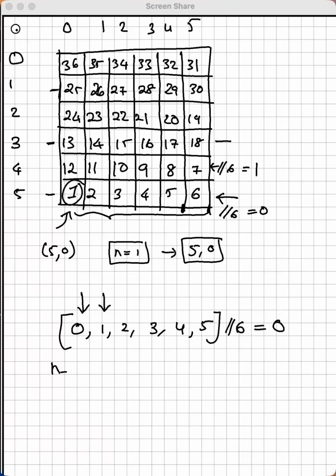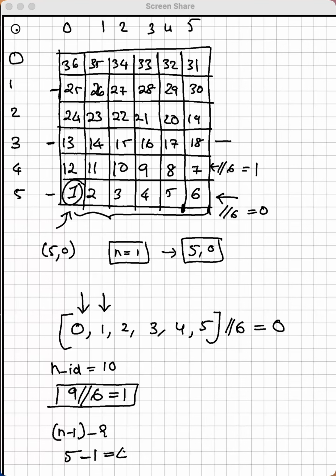If my node ID is equal to 10, first thing is I subtract 1. So 9 divided by 6 gives me 1. That means it's the first row, but this is not really the first row, so I'll have to subtract: n minus 1 minus my row. So I get 5 minus 1, which is equal to 4, which is where 10 is sitting.